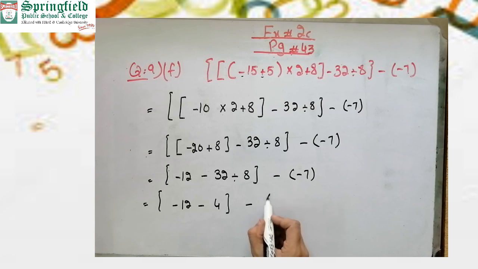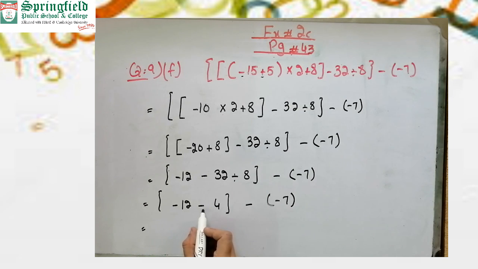Minus, then minus 7. Now minus plus 12 plus 4, 16, and the sign will be minus because 12 is greater here. Minus minus 7. Minus 16, open the bracket, minus minus plus 7.